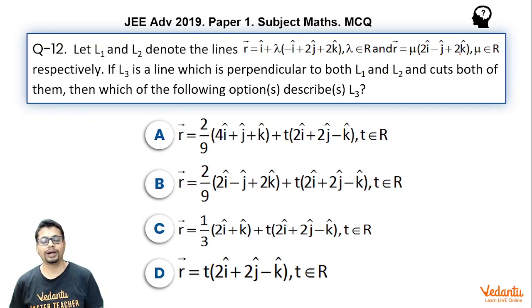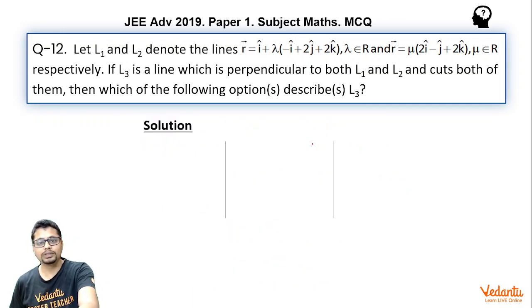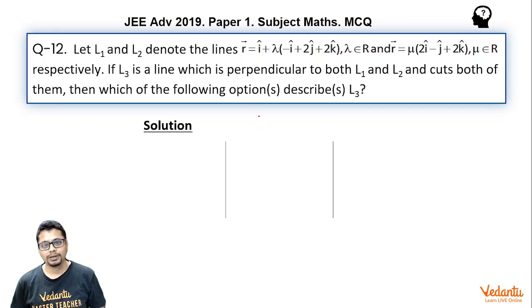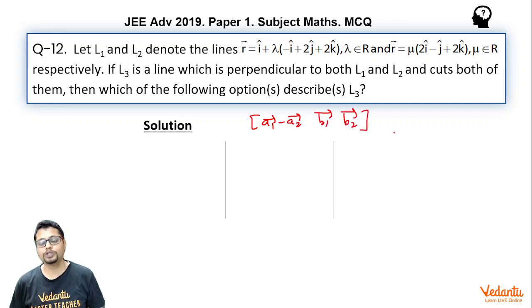How do we find out? We use this popular method, the box product of a1 vector minus a2 vector, b1 vector, b2 vector. If this box product turns out to be 0, then since these two lines are not parallel, they would be intersecting. If it turns out to be non-zero, then these two lines would be skew lines.